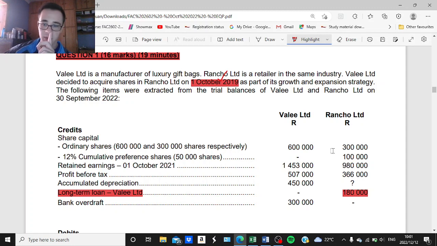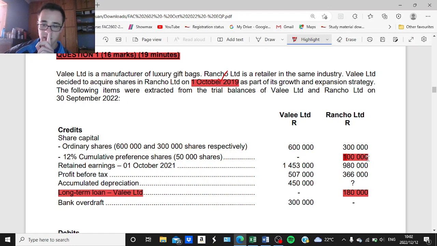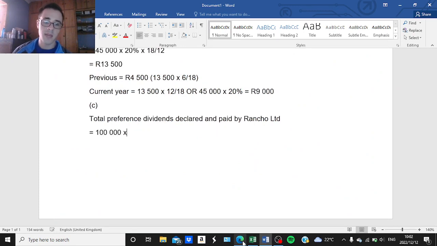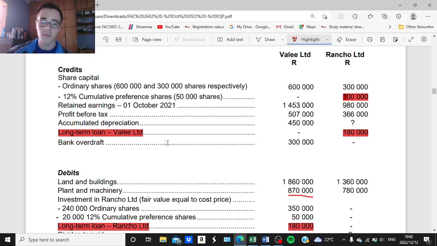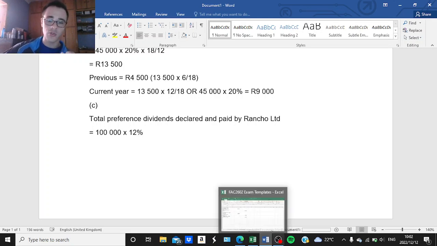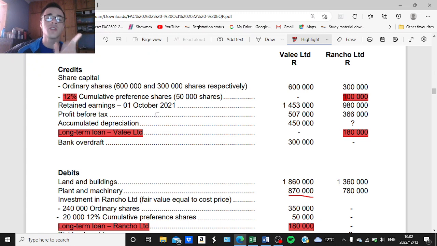So it will be this amount given here, the 100,000. Then we will multiply this amount with the dividend rate, which is 12%. And keep in mind that in FAC2602, we will assume that the preference shares are cumulative.